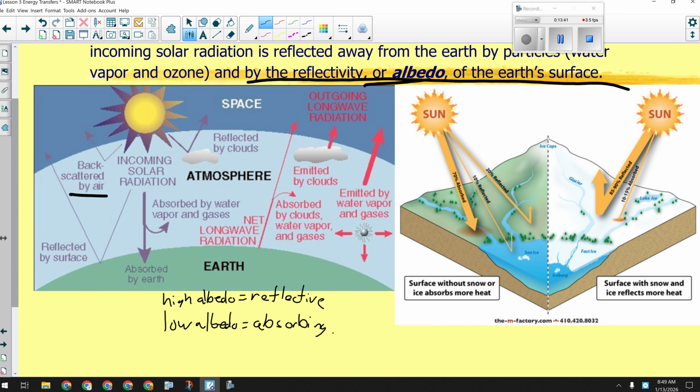Okay, if something has a high albedo, it's very light in color and would be highly reflective. If it has a low albedo, okay, then it's darker in color and is going to be more absorptive.